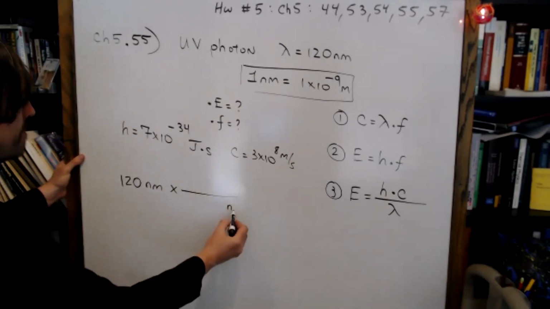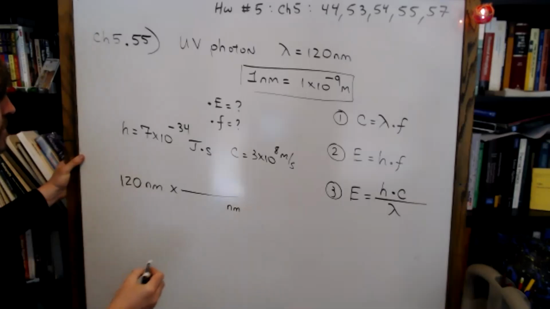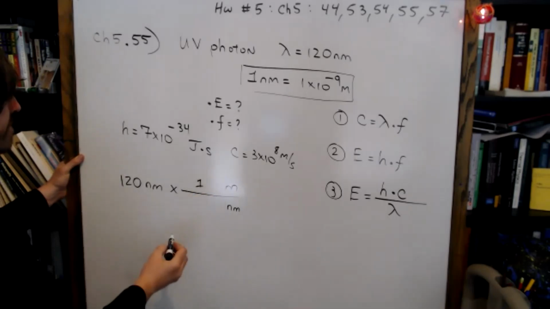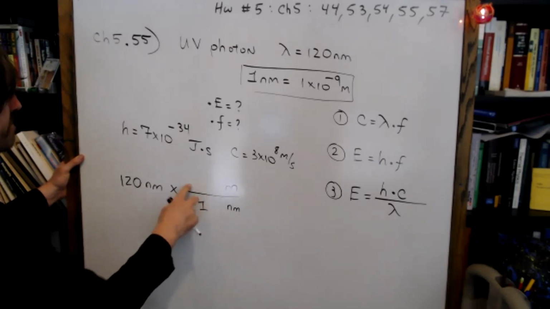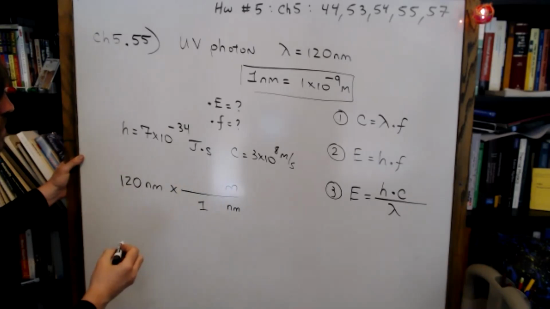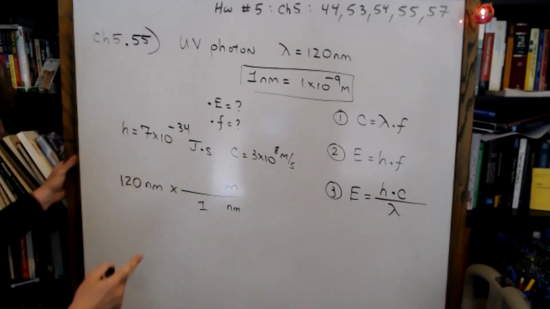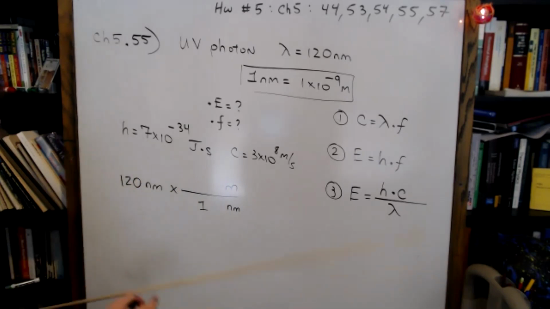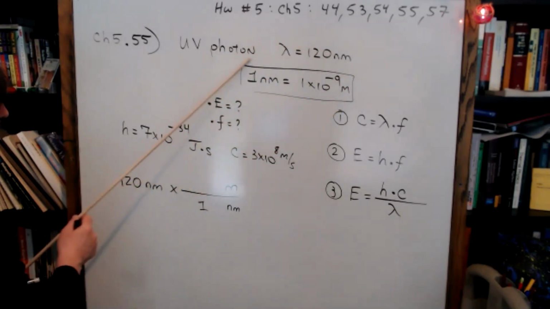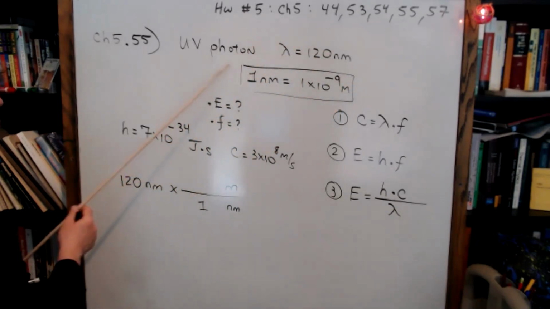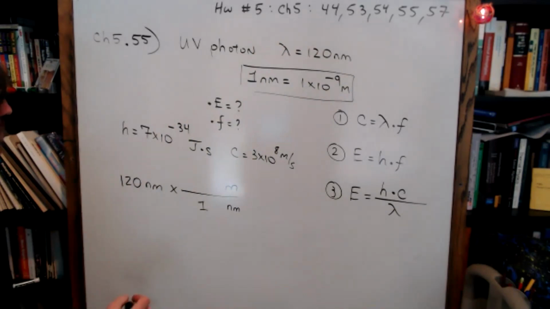Nanometers on the bottom, and then meters on top. Conversion? 1 on top. Right? No, sorry, on the bottom. Oh. On top? On top. Oh, okay. 1 times 10 to the negative 9 on the top.